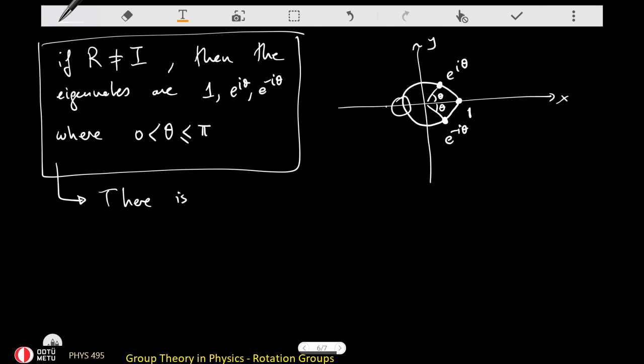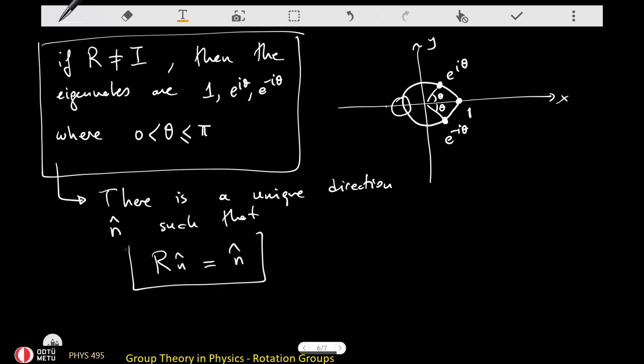There is a unique direction. I'm going to show this by n hat such that R applied to n is equal to n. That's basically the eigenvalue equation. So there's an eigenvector such that this is satisfied, where the eigenvalue is equal to 1.